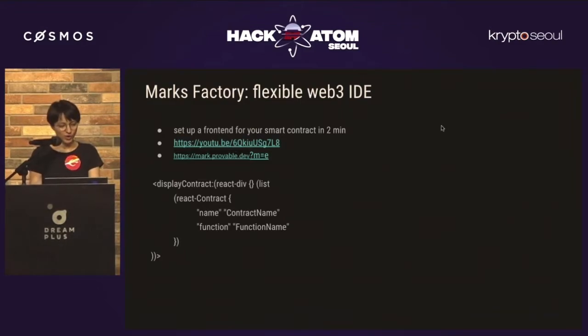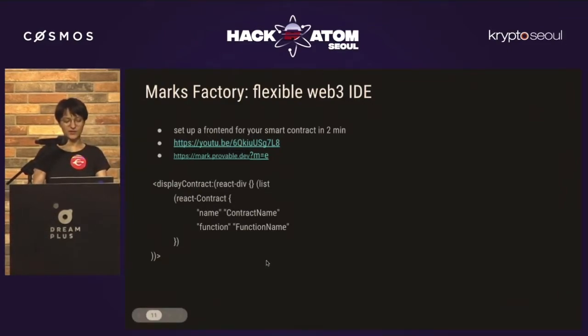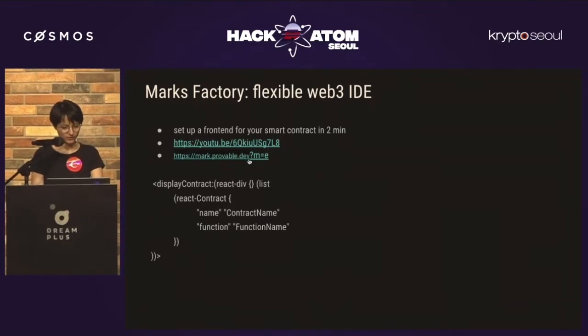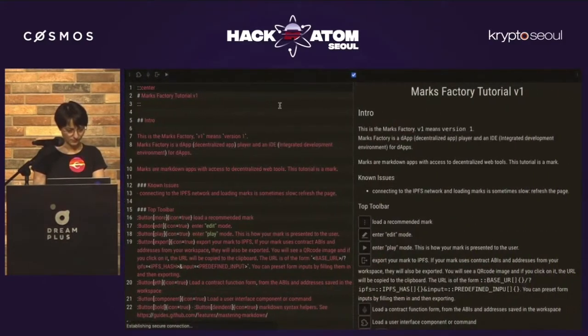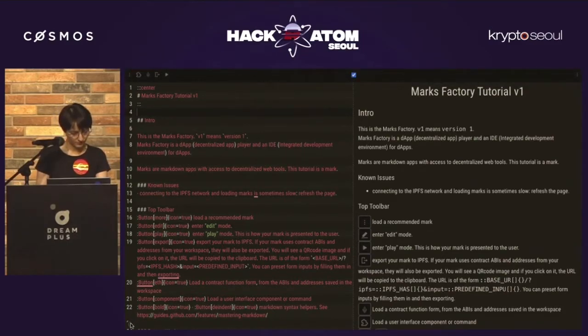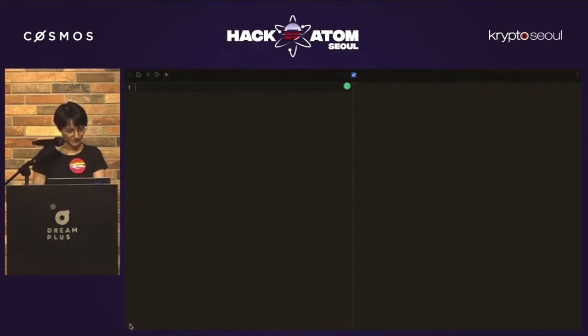I've shown you Mark's factory already, and this is how you can, when you set the ABI, but let's actually try this. So this is a new Mark's factory IDE.